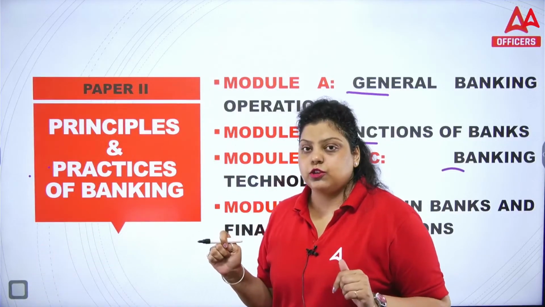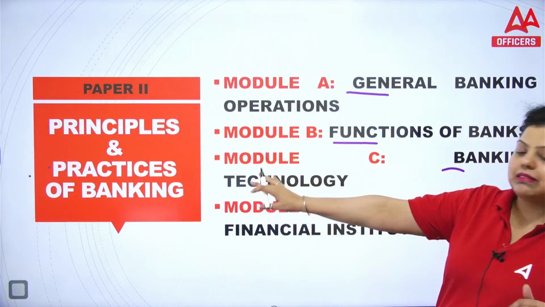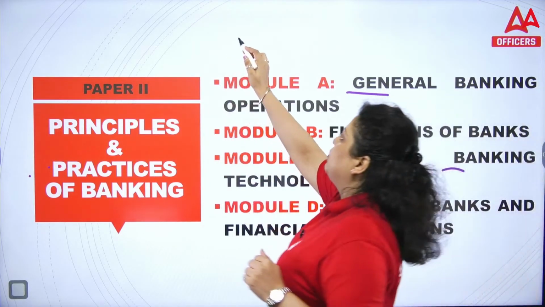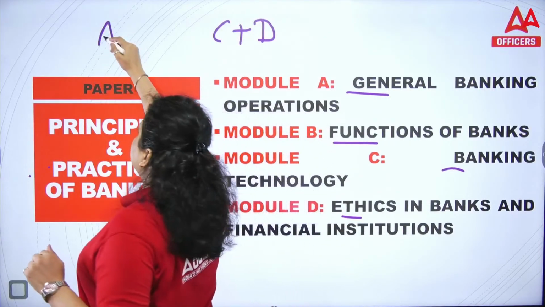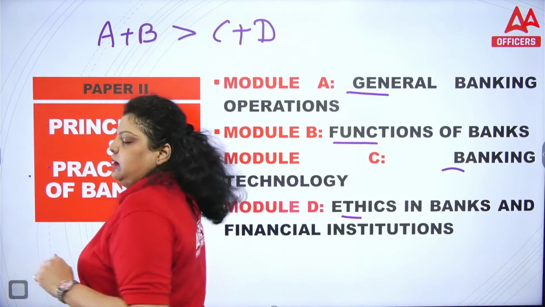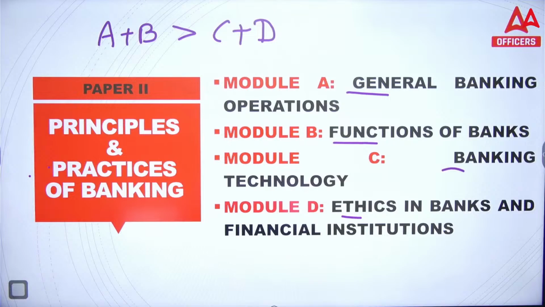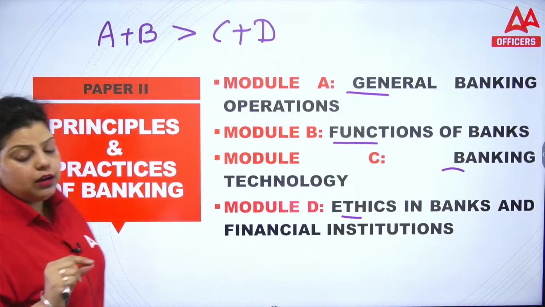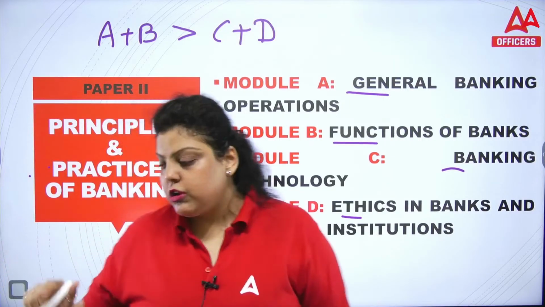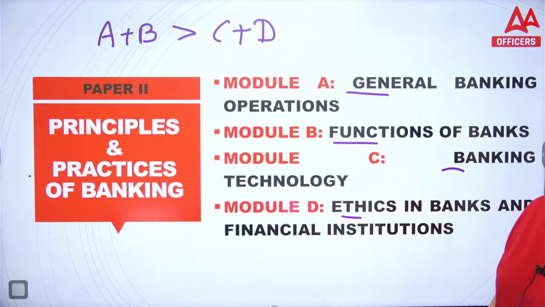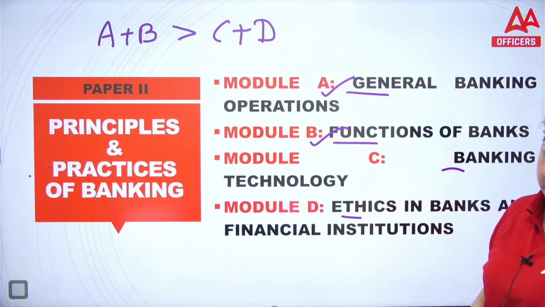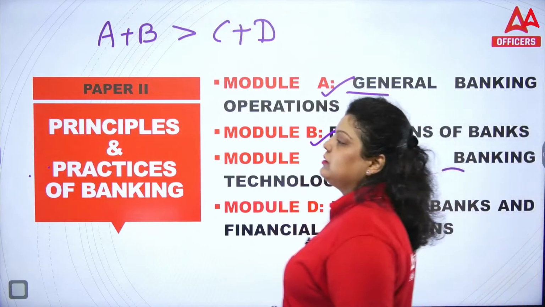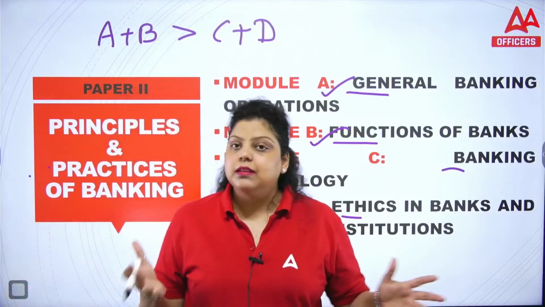Similarly, in the principles and practices of banking, modules C and D comparatively have less weightage than modules A and B. Modules A and B have around 60% of the weightage, and the rest 40% goes to modules C and D. So the maximum number of questions can be seen from modules A and B, also because these 2 modules have more syllabus in comparison to the other 2.